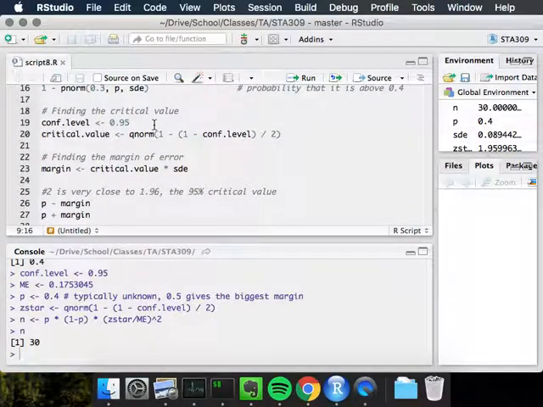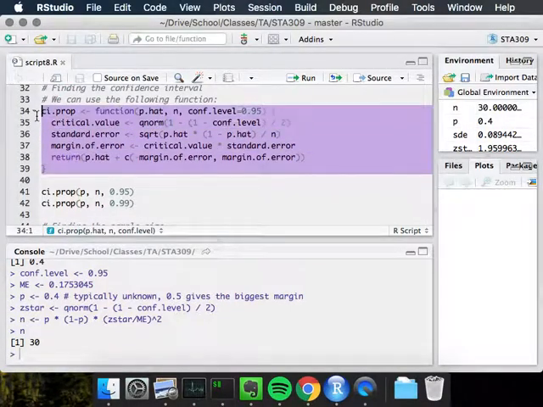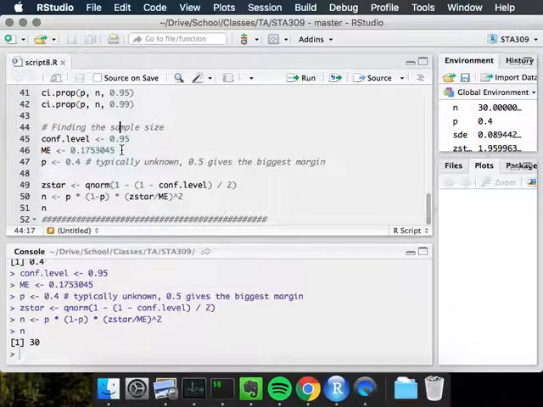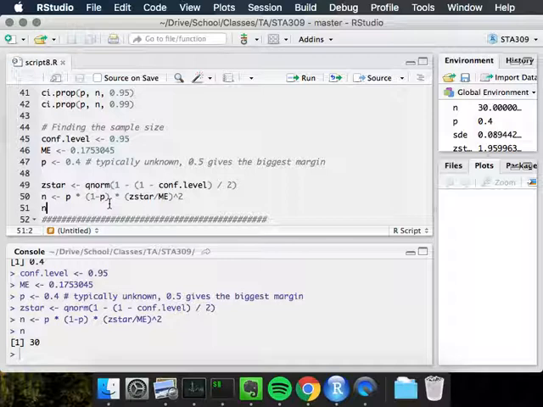So this is what you need to find: the critical value, the margin of error, and you can just use this function for the confidence interval. And you'll need to find the sample size in one of those questions.